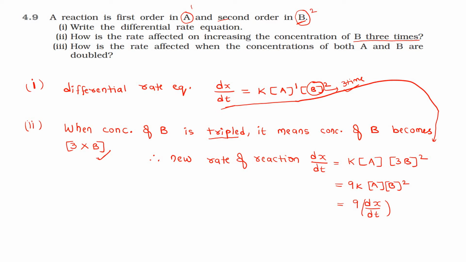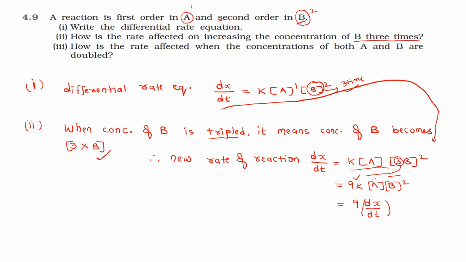Now 3 whole square is equal to 9. You have taken 3 whole square outside, so the remaining will be k into A into B whole square.